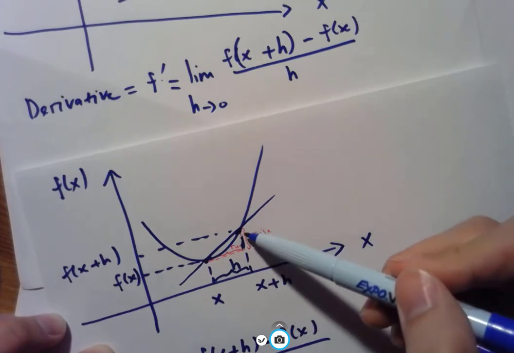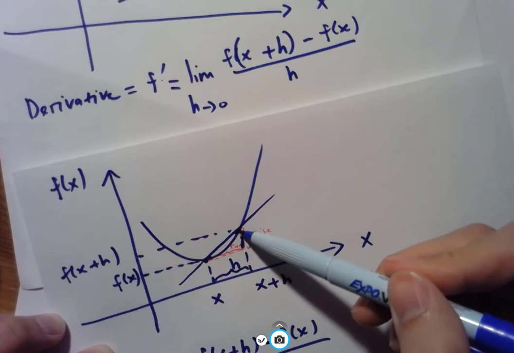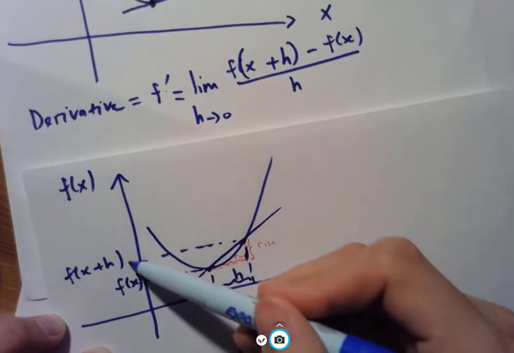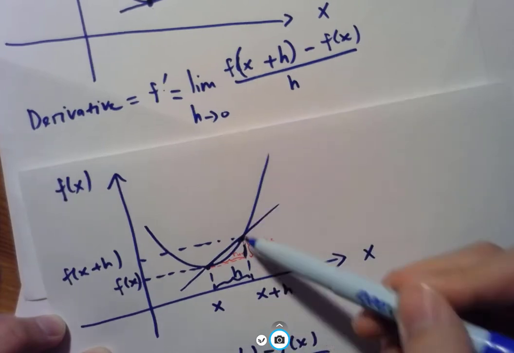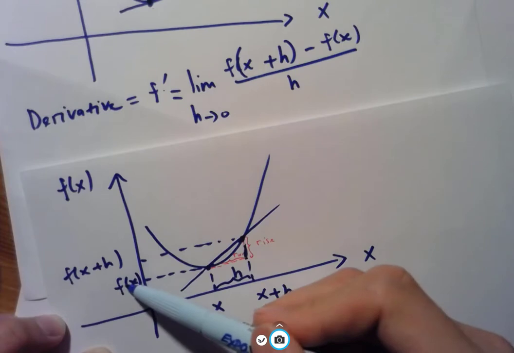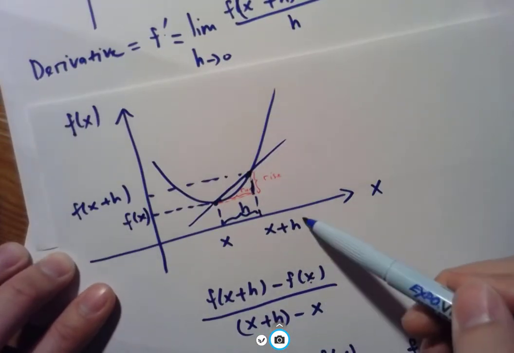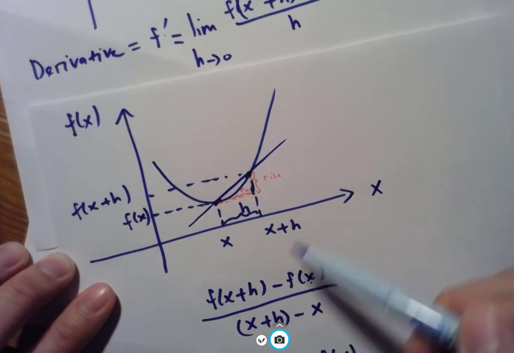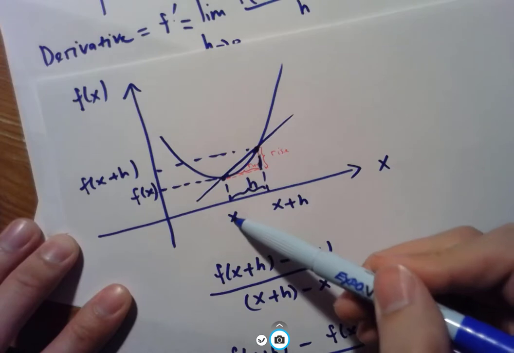Now I can still use the slope formula, rise over run. The rise is the higher value, f of x plus h right here, subtract the lower value, f of x right here, and then divide by x2 or x plus h, minus x1 or x.